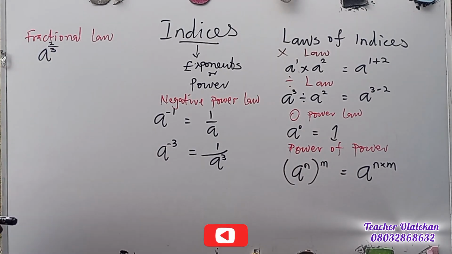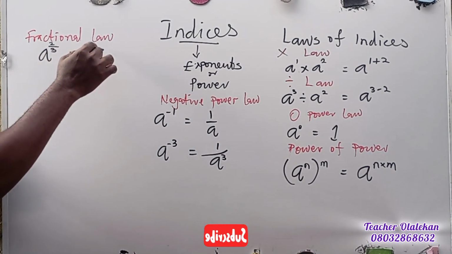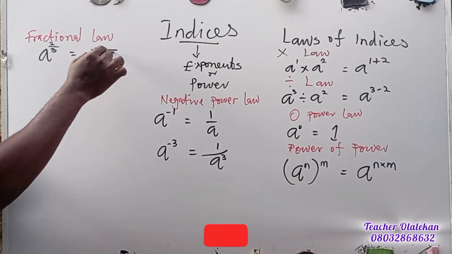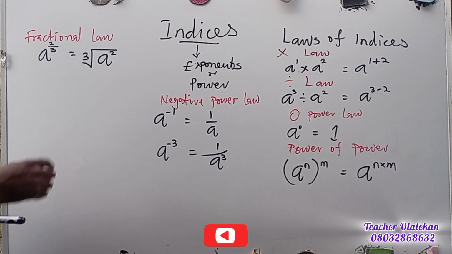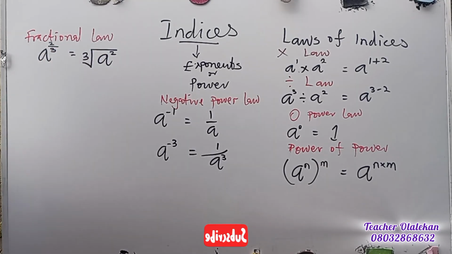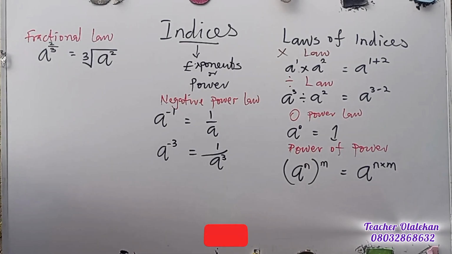The denominator here will be the root, that will be the cube root of a raised to power 2. So you have to find the cube root of the base first, then find the exponent. So I think these are the basic rules in indices.